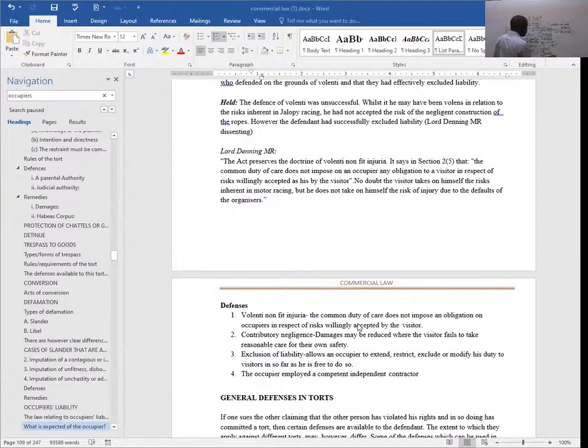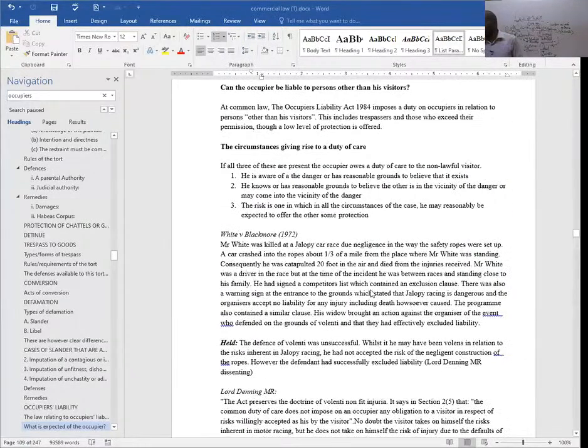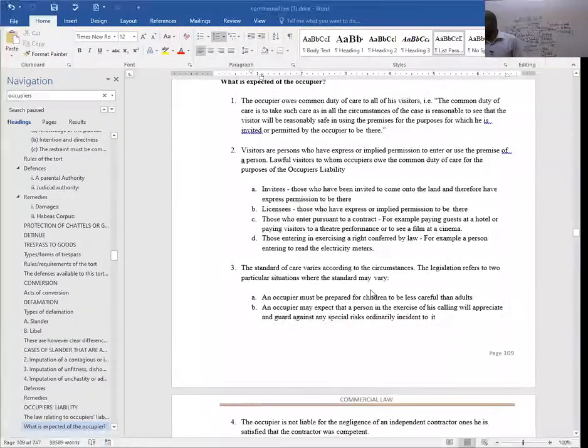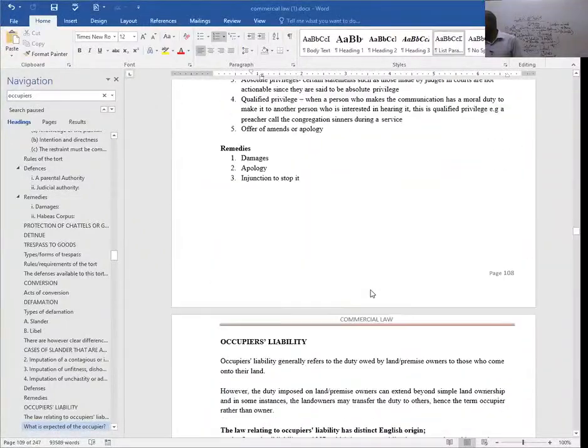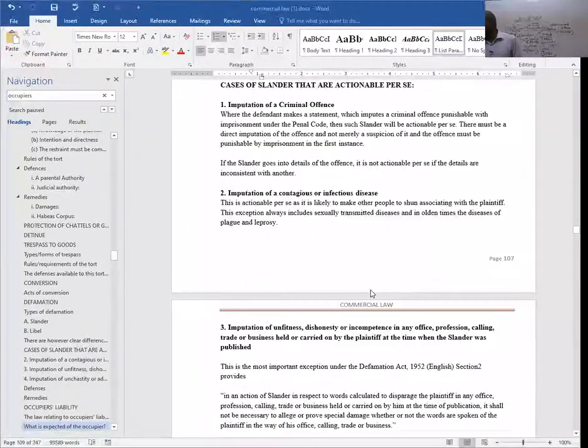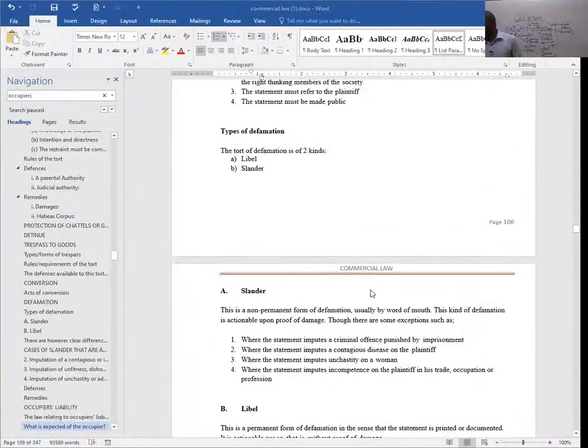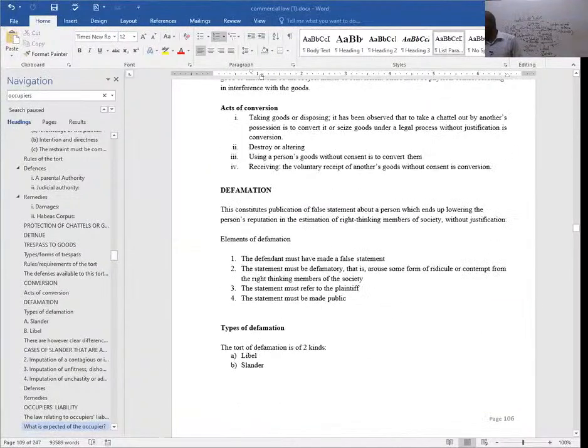Libel is defamation in permanent form, while slander is not in permanent form, but just by word of mouth. When we talk about libel, we mean that this particular defamation came out maybe in a publication or in a printed form. It's in a permanent form. That is what we mean by libel.